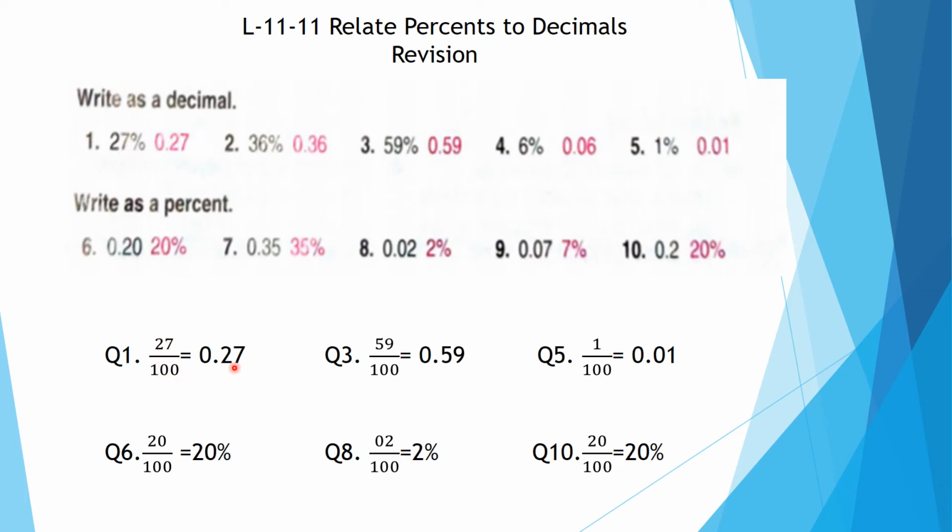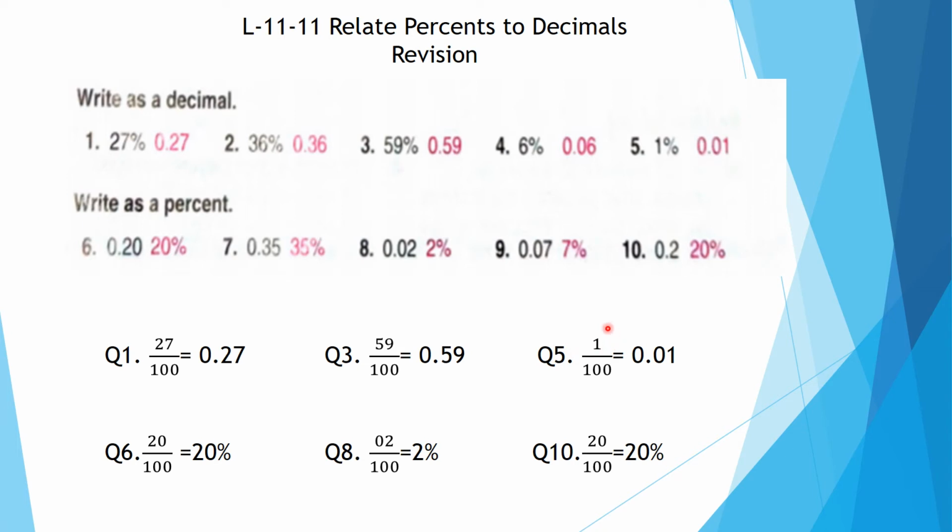Convert it into decimal: just shift left side, because division is given. Then 0.27. And 59%. Then 27%, 0.27. 59% divided by 100 again, then 0.59.